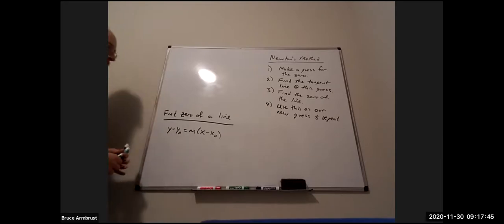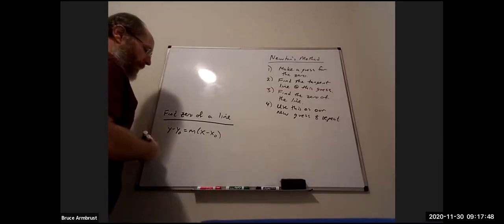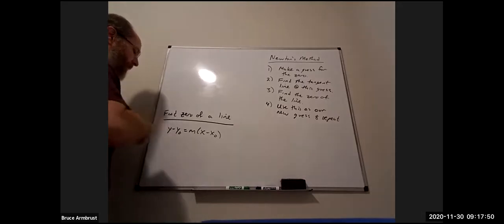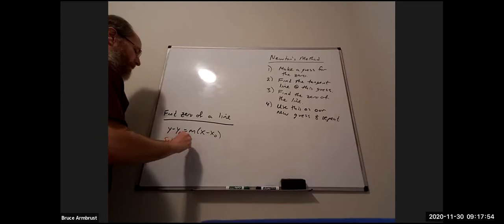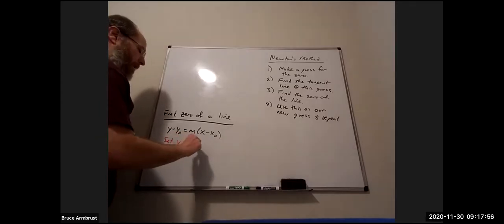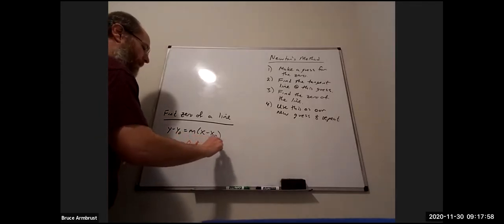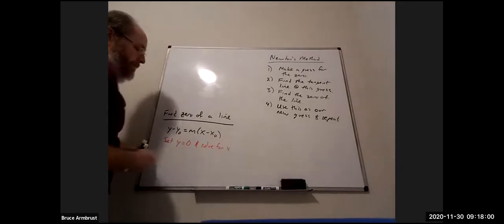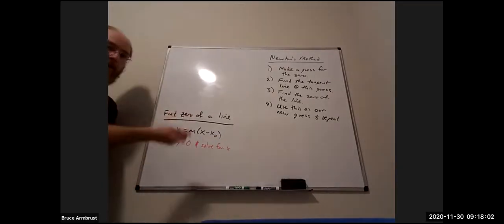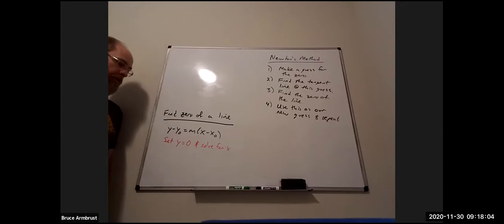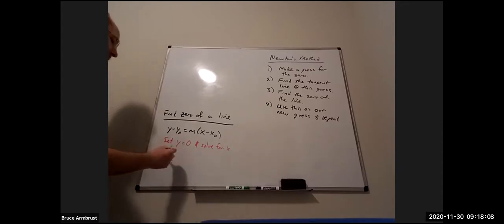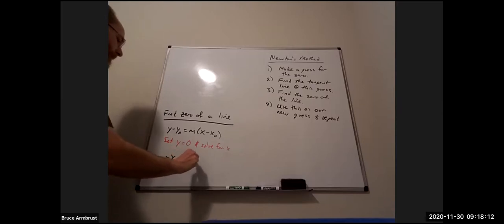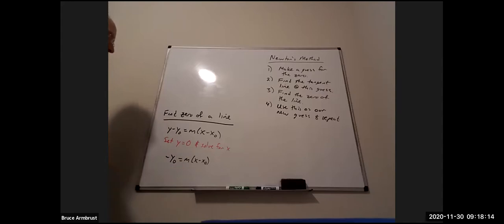Now, if we want the zero, basically what we want to do is set y equals 0 and solve for x. That's what it means when we find a zero. So let's do this generically and see what happens. If y is equal to 0, we get minus y naught equals m times x minus x naught.